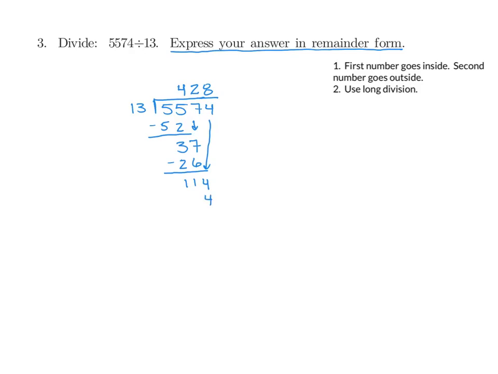We're going to carry the 2. 8 times 1 is 8, plus 2 is 10. Subtract, we get a remainder of 10. So our final answer is 428, remainder 10.